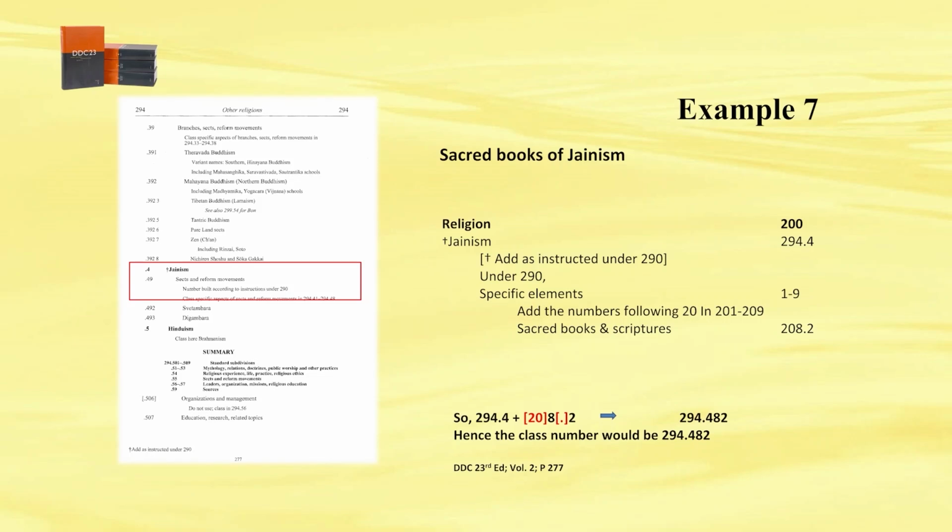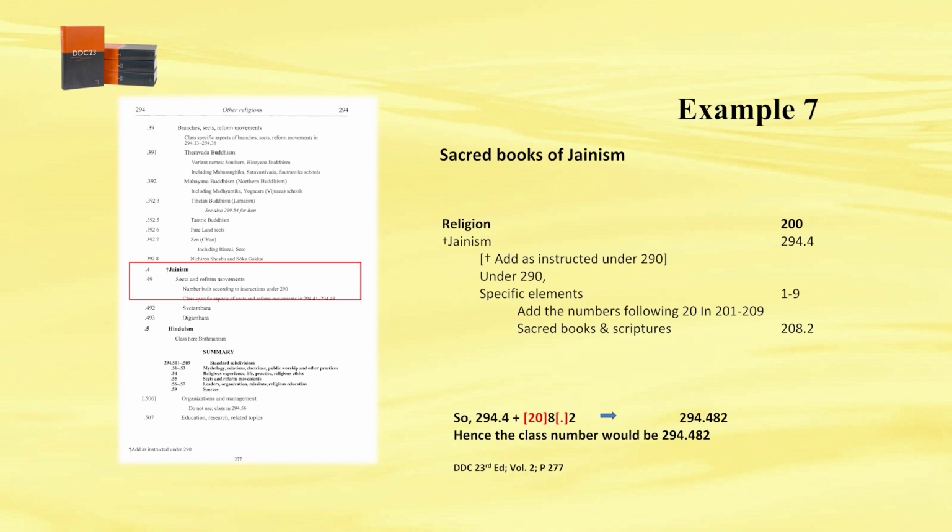Two different components. One is sacred books and scripture that is available in 208.2, and another class number is Jainism that comes under 294.4, which can be added with the help of the instruction found under 290 and then under 209 of 290, that is the specific element.